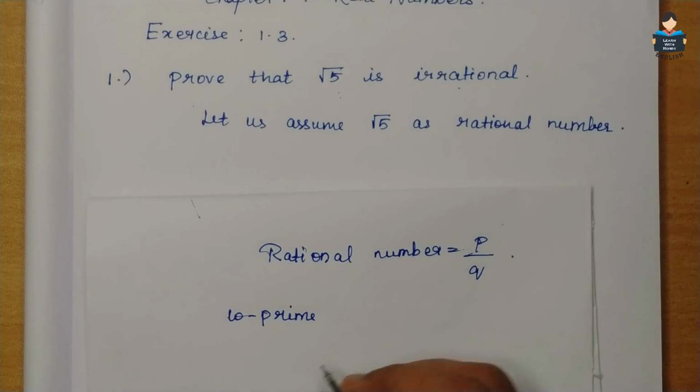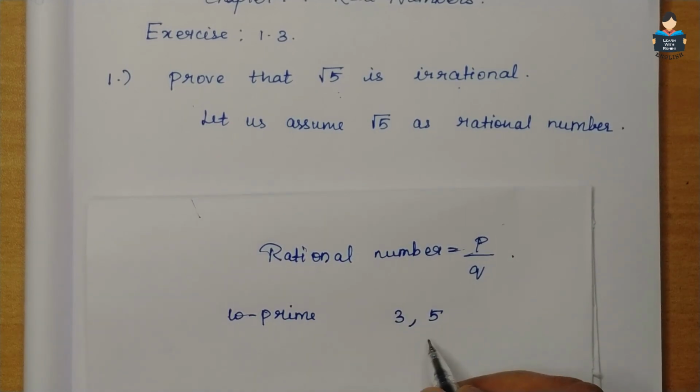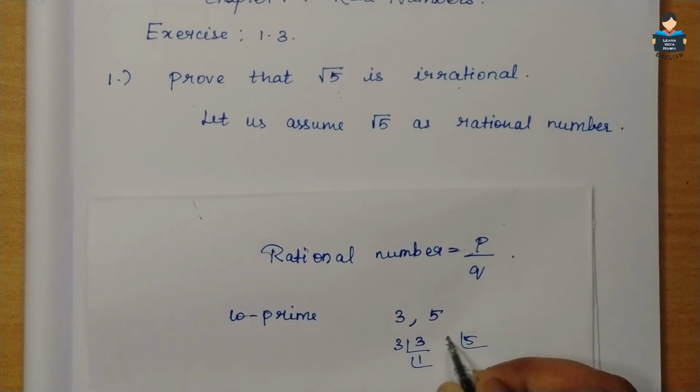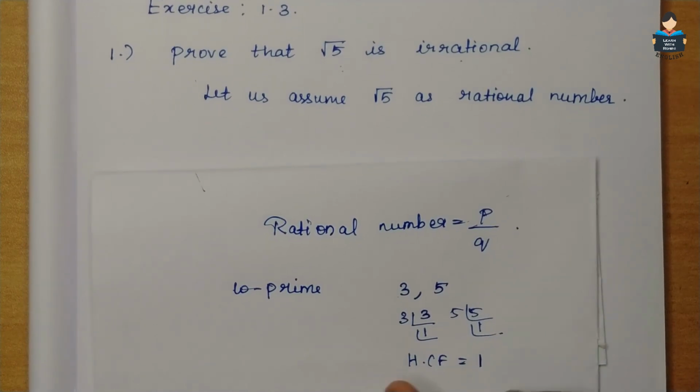For example, if we take 3 and 5, when we do the prime factorization method, we will have 3 one time and 5 one time, as they both are prime numbers. So their HCF will be 1. Such numbers are said to be co-prime numbers.